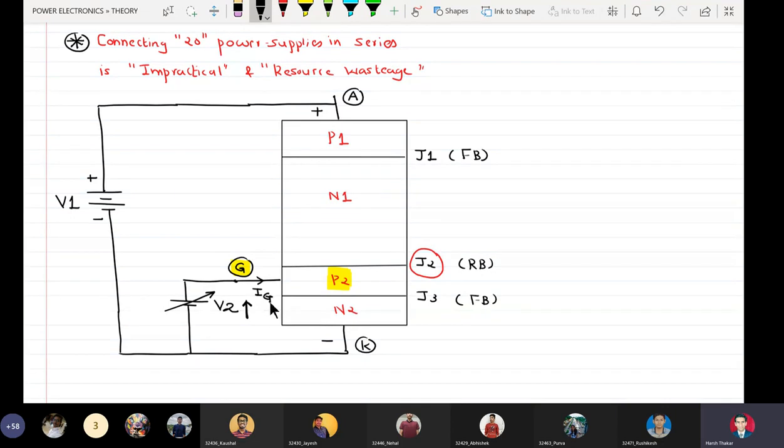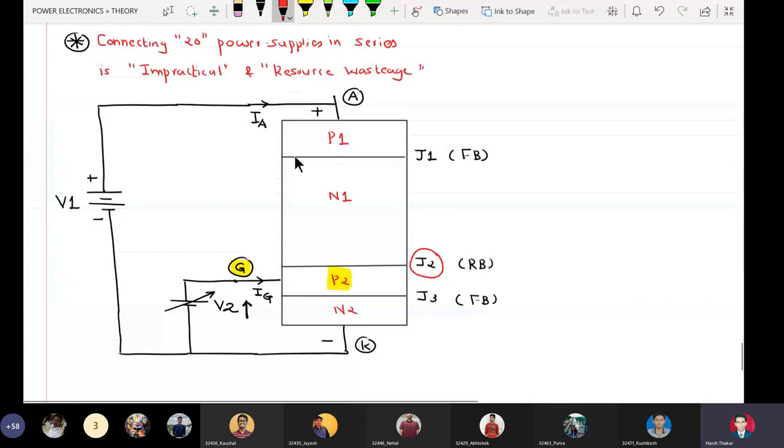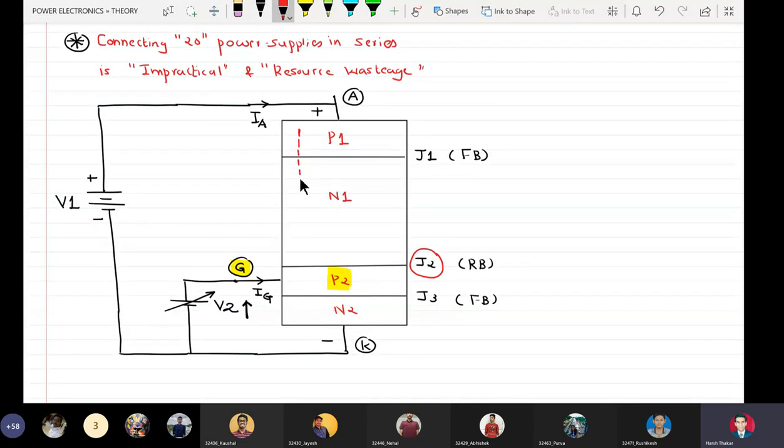So this current is called the gate current. This current is called the anode current, and the current flows through the device and returns back like this, to the battery.